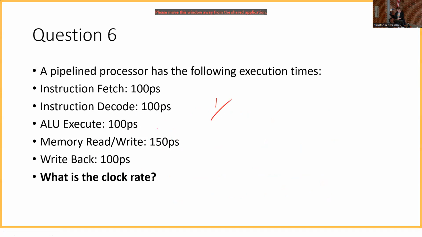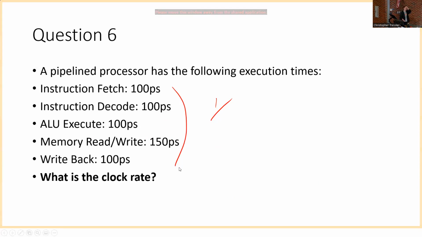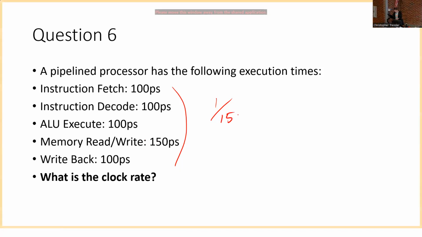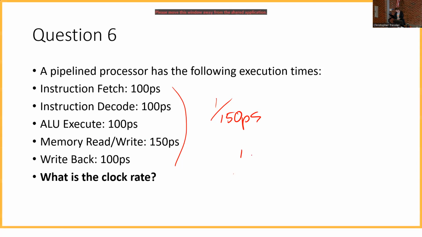So we're going to divide one by the largest amount of time, because we're trying to find the frequency in hertz, and frequency is just 1/time, right? So we need 1/150 picoseconds. I think pico is -12, right? Yeah.